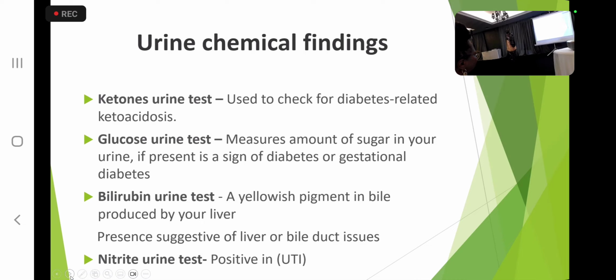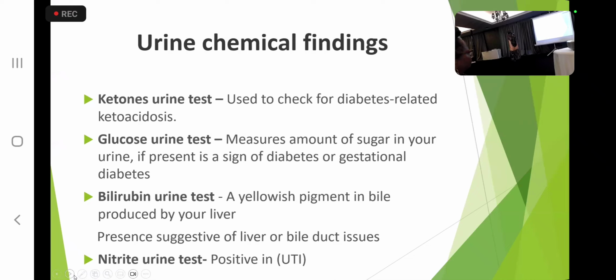Chemical findings with urinalysis: you look for ketones, which also check for diabetes-related ketoacidosis. The glucose urine test measures the amount of sugar in the urine. If present, it is a sign of diabetes or gestational diabetes.